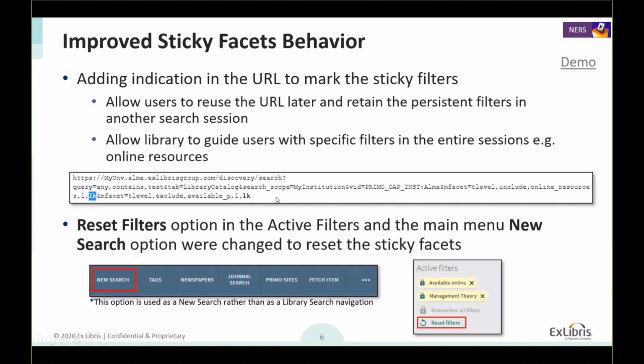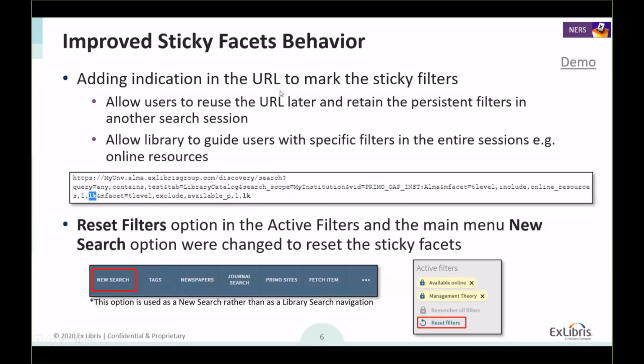So you can edit from your library portal, using that as an assistant to the user to be more specific on online materials that are currently available for them. This is an example of how the indication in the URL can be used.